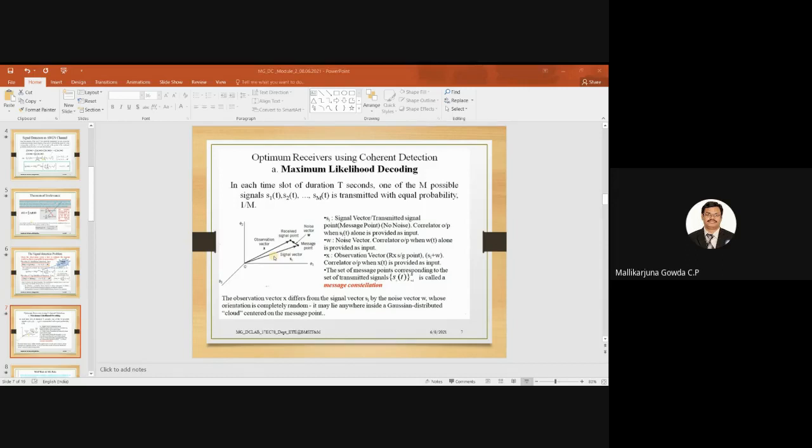Here the observation vector x will differ from the signal vector, because noise is added in the channel. Because of that, the received signal point will be slightly away from the original message point. Hope you are able to understand what I am saying.